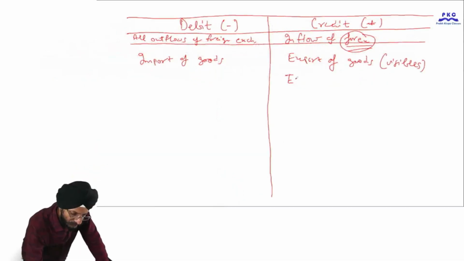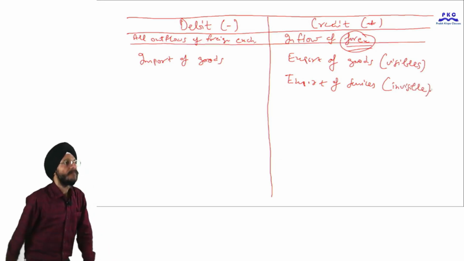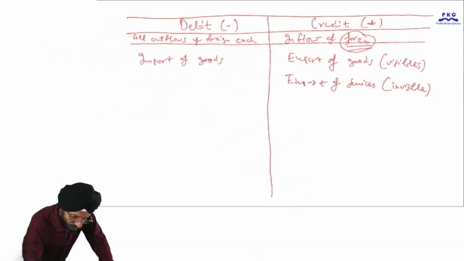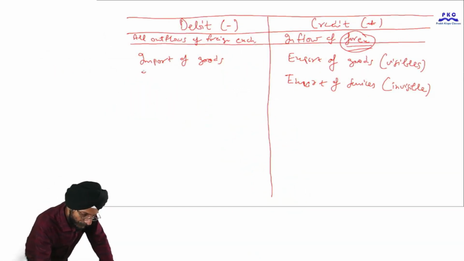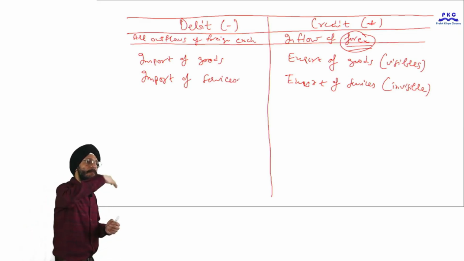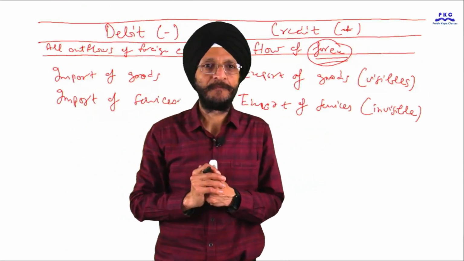Here it is export of services. Services are also known as invisible items. If we import services, that is avail the services from other countries, we will have to pay foreign exchange. So there is outflow of foreign exchange.